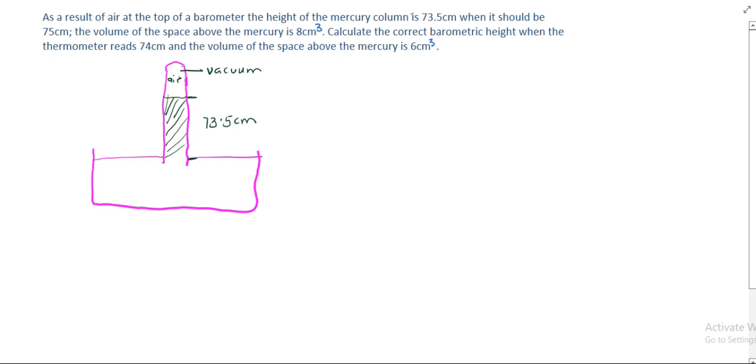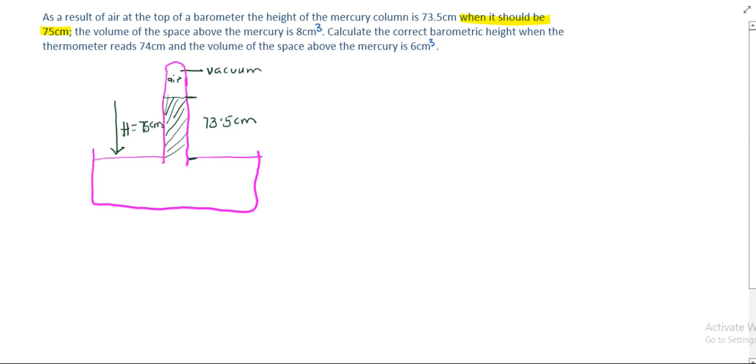Please let's note this statement: when it should be 75 centimeter, that means this is the value for the atmospheric pressure of that day, because this barometer is used to measure atmospheric pressure. So the atmospheric pressure for the day is equal to 75 centimeter.